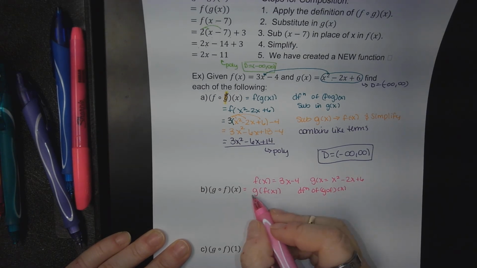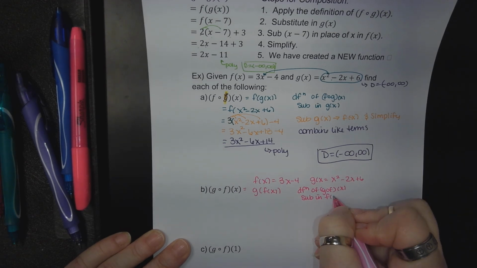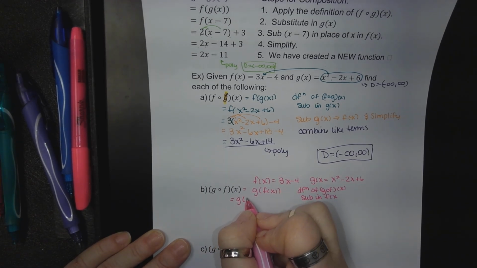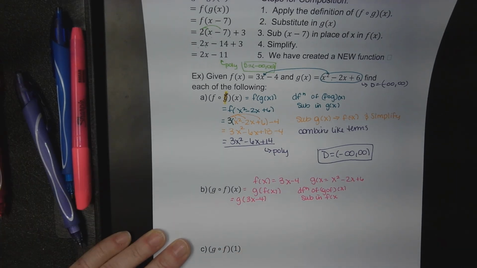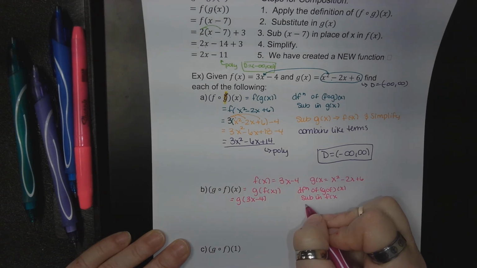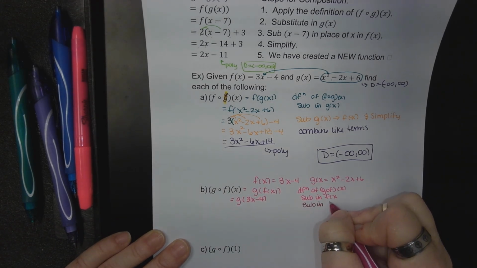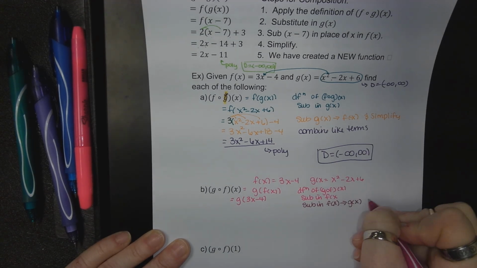So now we're going to sub in f of x. Let's go over some. So we have g of 3x minus 4. And now we're going to sub in f of x into g of x and simplify.